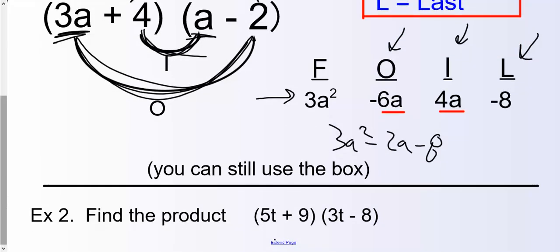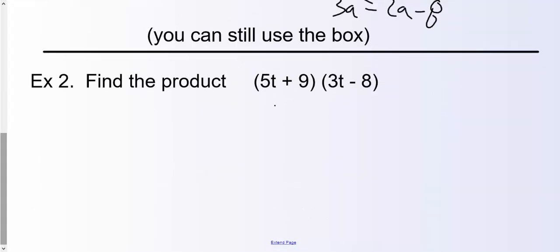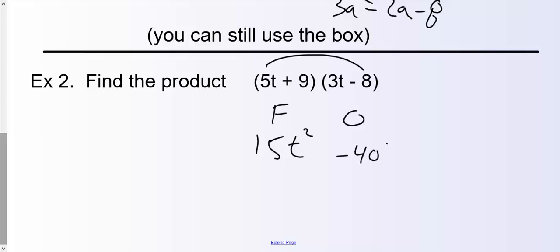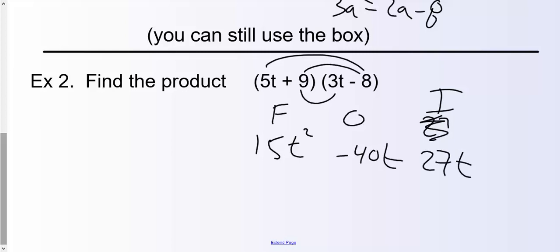So I'll do FOIL here quickly to show you guys an example. Front, or first, is 15t squared. Outside is those two, negative 40t. Inside is 27t. That's an I. And last are those two, negative 72.